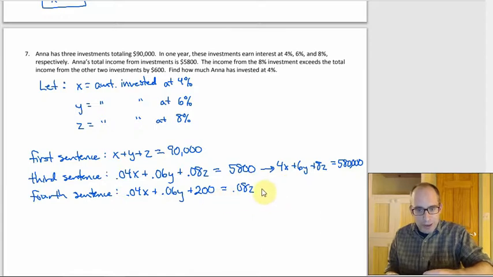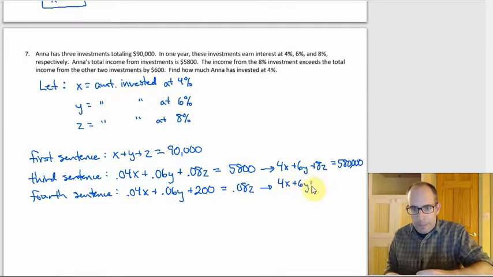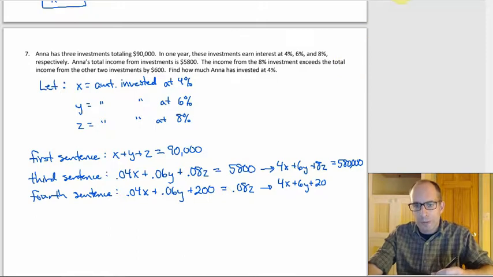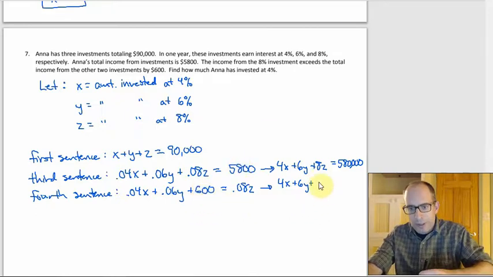And then here, we could do the same thing, clear those decimals out. We'd get 4x plus 6y plus, it's 600, not 200. I don't know where I got 200 from here. So that should be a plus 600. Sorry about that.